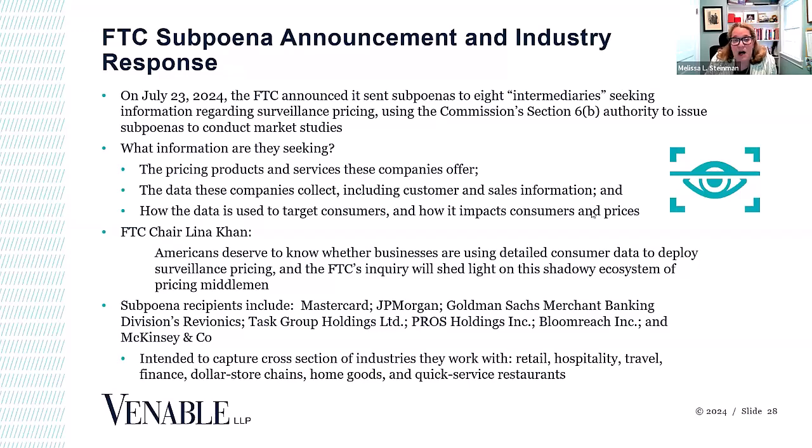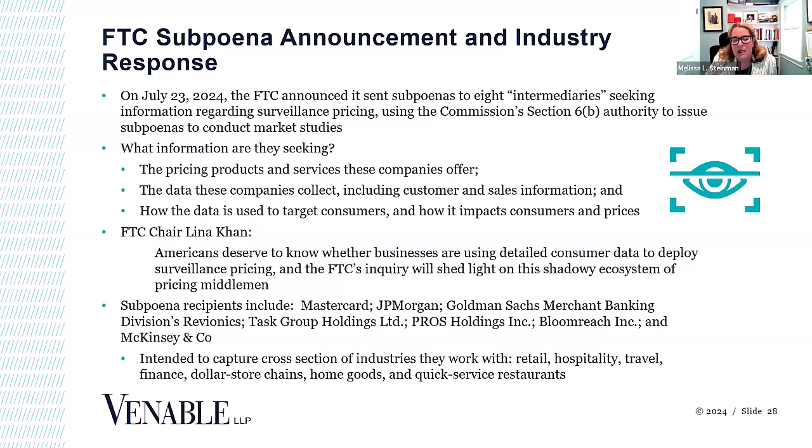This is not uncommon for the FTC to do these kinds of market studies, but it shows you again that the FTC is very interested in the privacy side of this idea of the use of data to set pricing, to conduct dynamic pricing, that sort of thing.